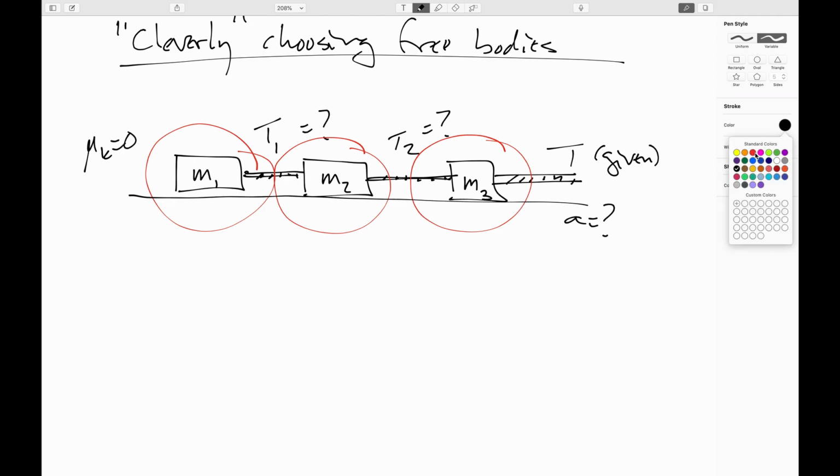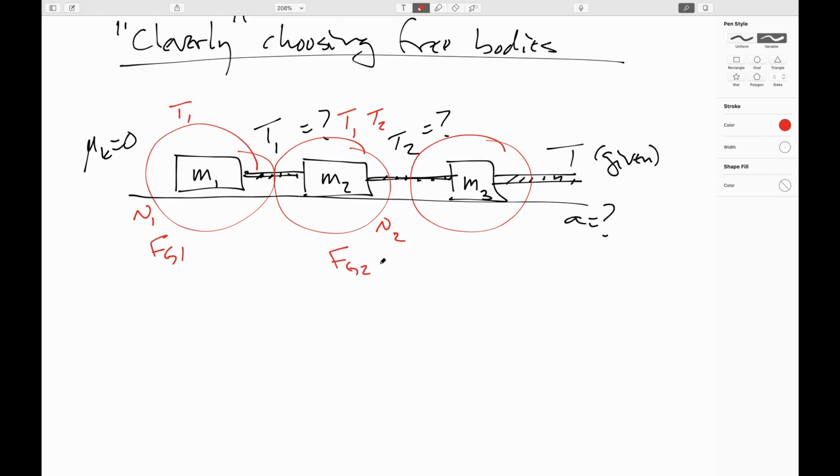And if we do check our force identification here, this will cut through rope 1, so we'll have a T1. Then we'll have a normal force, no friction because we said it's frictionless, and a force of gravity. Here, though, this would cut through both T1 and T2. And a normal force, we'll call this N1, N2, Fg2.